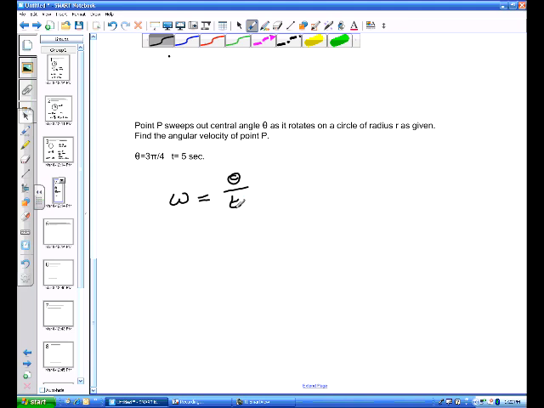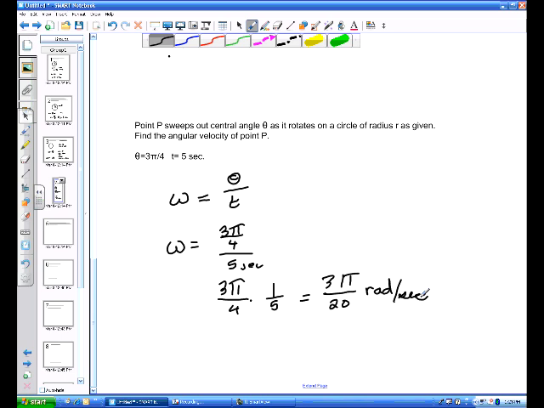It's always your distance divided by time. So angular velocity is going to be 3 pi over 4 divided by 5 seconds. To divide by the 5, we're going to multiply by 1/5. And that ends up being 3 pi over 20, radians per second.